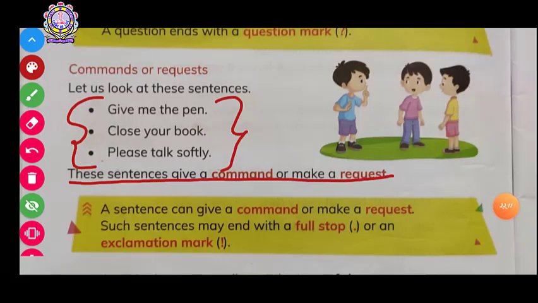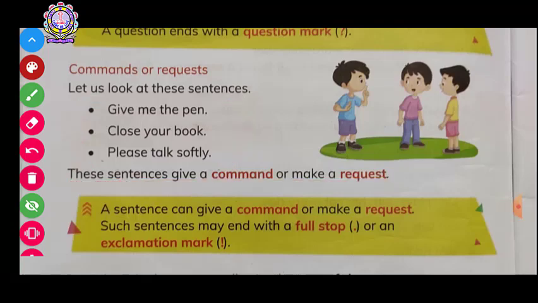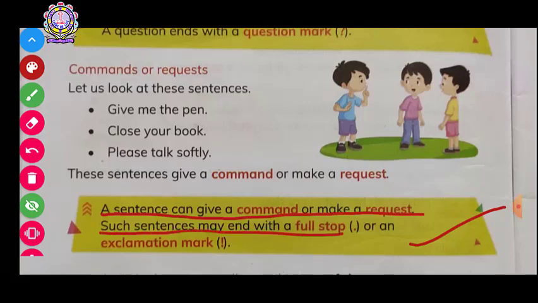So this is the difference between your command and the request, isn't it? Now let's read what is written. A sentence can give a command or make a request. Such sentences may end with a full stop or an exclamation mark.